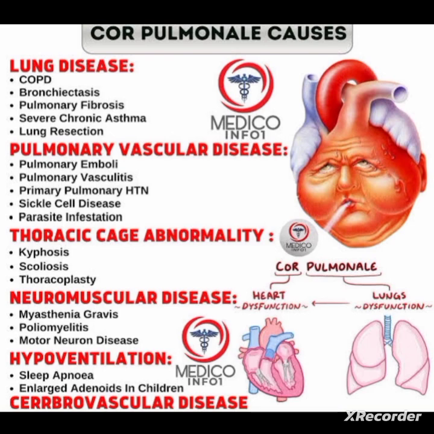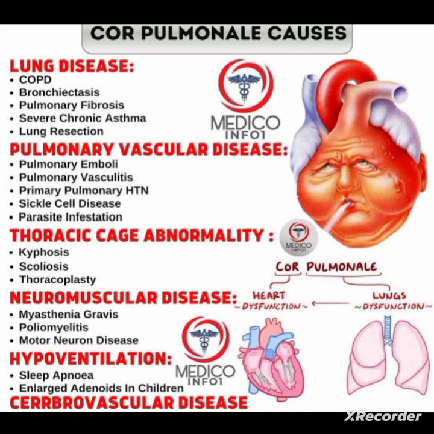Etiology of cor pulmonale, or causes of cor pulmonale. It includes lung diseases like COPD, bronchiectasis, pulmonary fibrosis, severe chronic asthma, and lung resection. These are the etiologies under lung diseases.